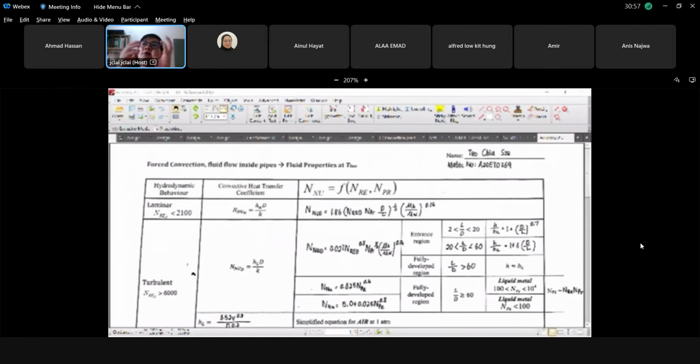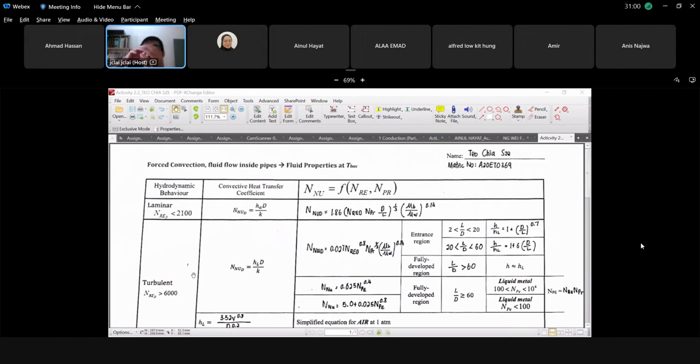Transition is basically where the flow starts to get, sometimes it is turbulent, it flows very vigorously, sometimes it's still flow, then you can see the stream profile, something like that, right? So sometimes laminar, sometimes turbulent, something in between. So that's why they call it the transition region. Okay, transition from laminar to turbulent. That's why it's called transition.